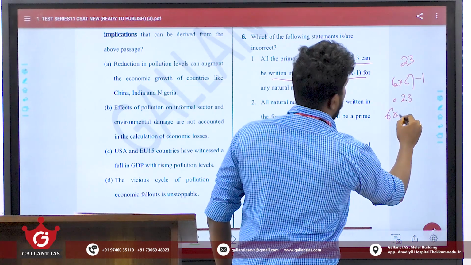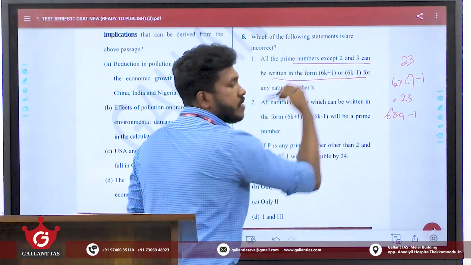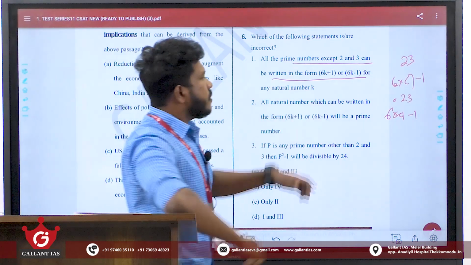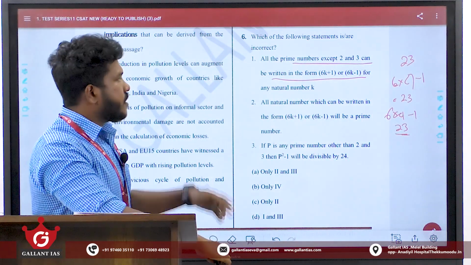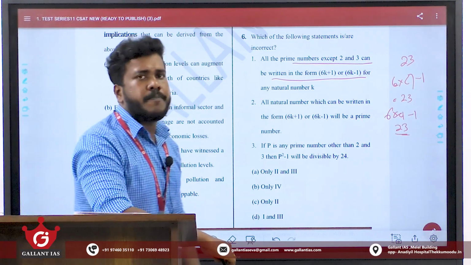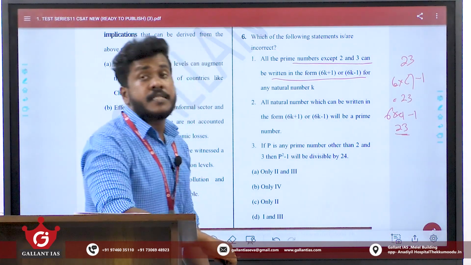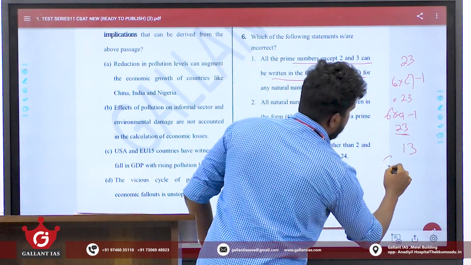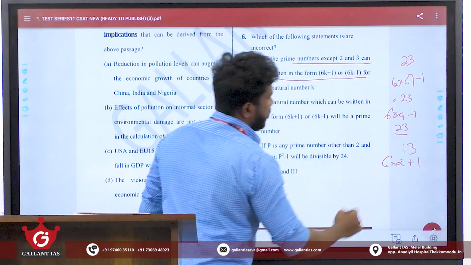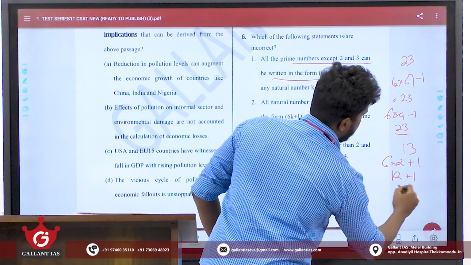That is 6 into 4 minus 1. Here the k value is 4, right? So you can write it in the form of 6k minus 1. Now assume another prime number, 13. That can be written in the form of 6 into 2 plus 1, right? 6 times 2 is 12, 12 plus 1 is 13.